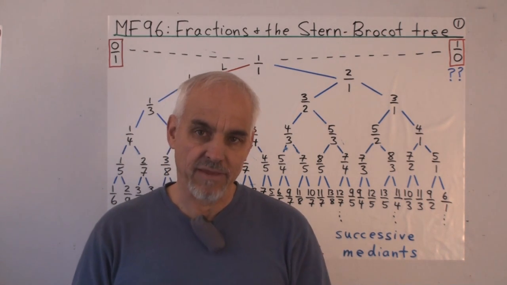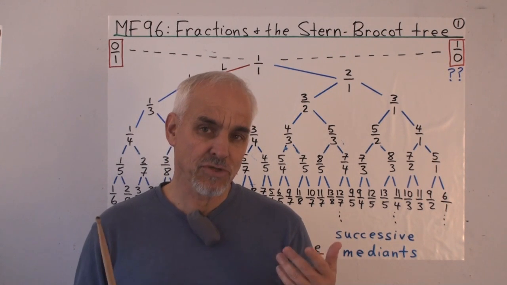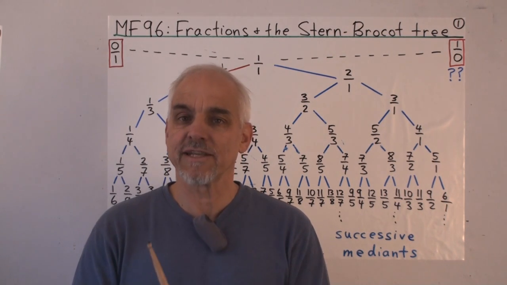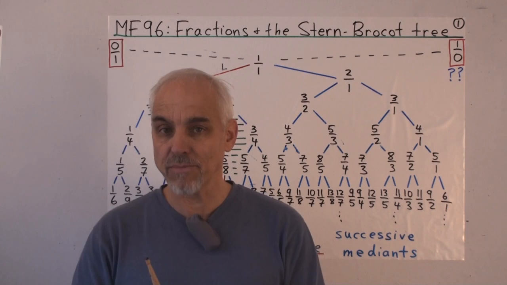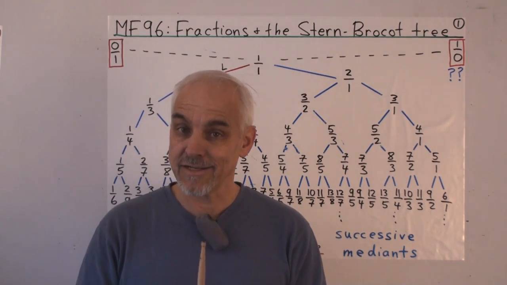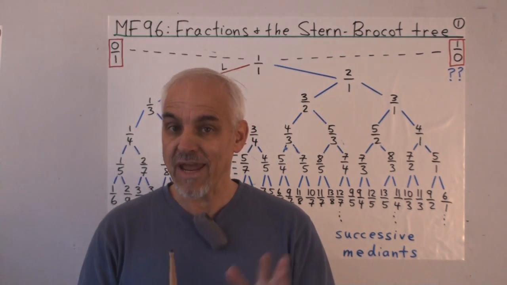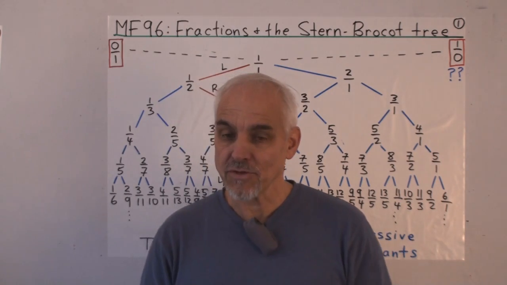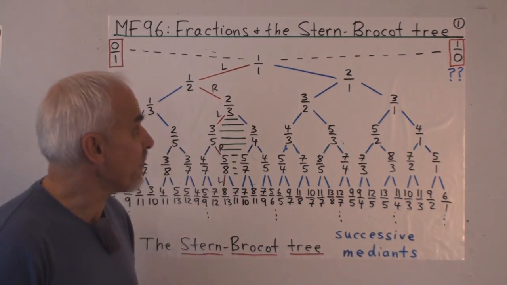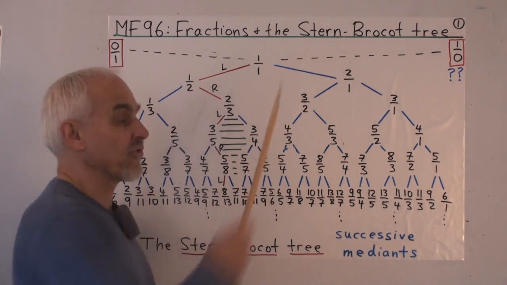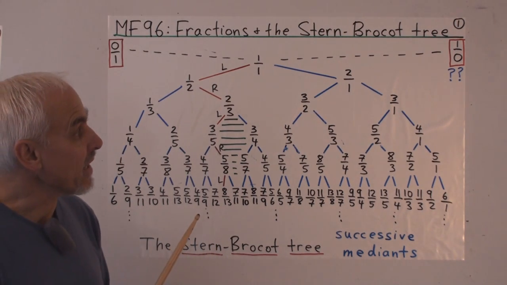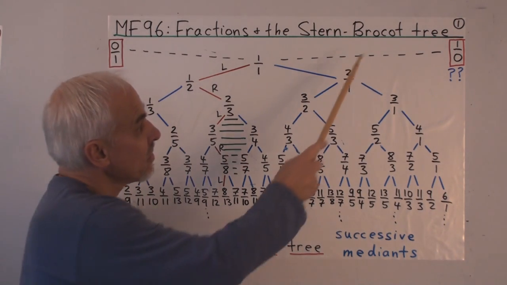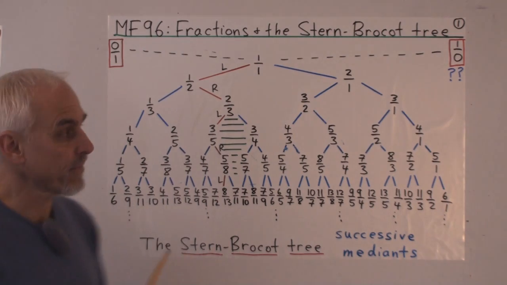We're going to continue on with that theme today and introduce another closely related mathematical object going back to the 19th century, to around 1860. This was a joint discovery of a German mathematician, Moritz Stern, and a French clockmaker, Brocot.